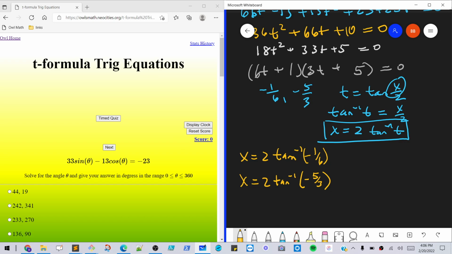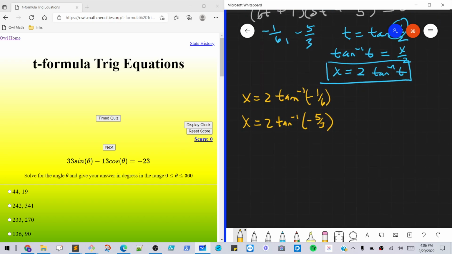I'm doing this off screen. So we want tan inverse of negative 1/6, and that's going to be, let me do a little side calculation, negative 9.5 about. But the question's asking for the angle between 0 and 360, so we need to get this to be a positive angle. What you can do is add 180 to it.